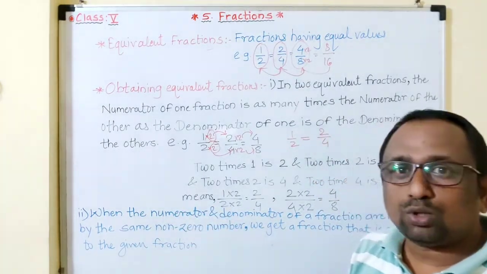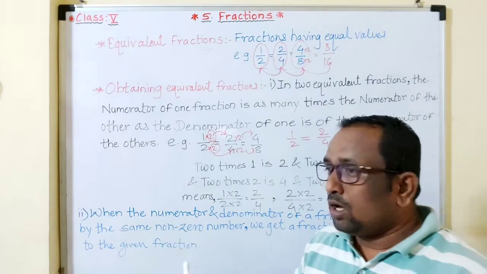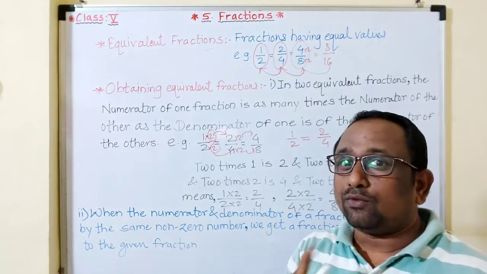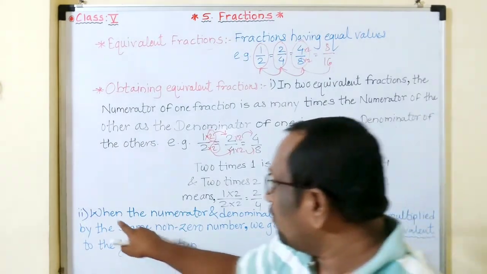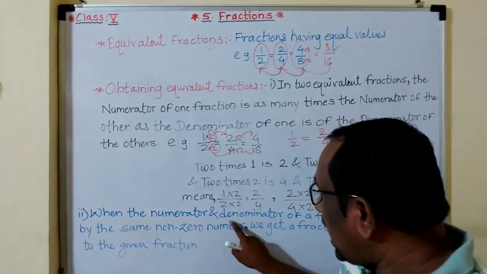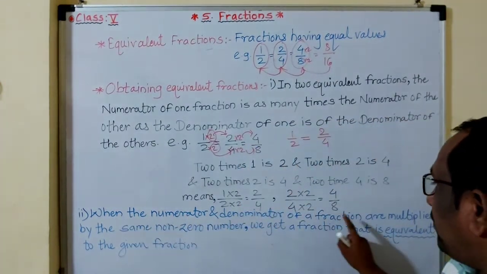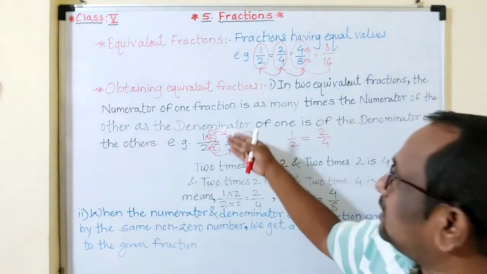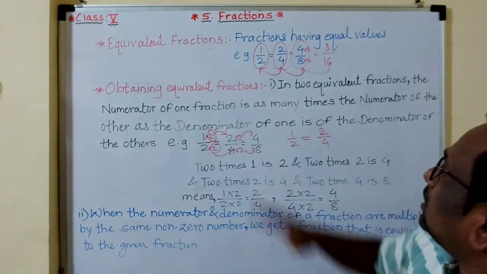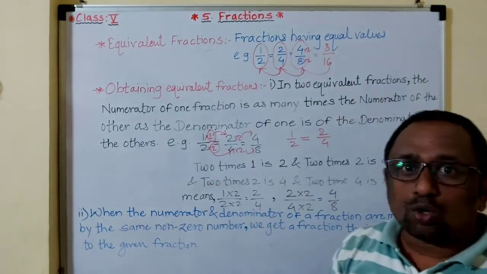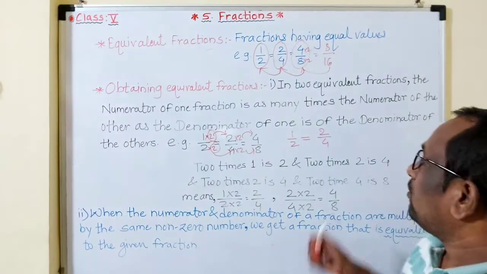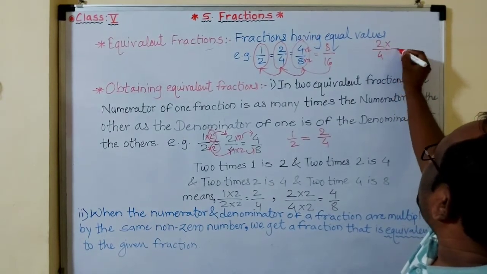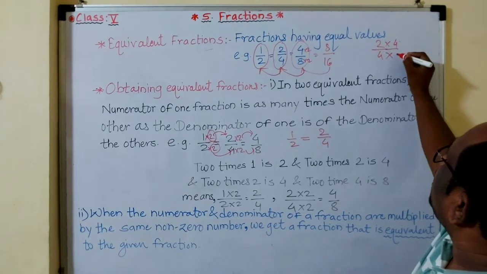Let's see the second rule, student, because this rule is giving an idea to solve the first question of the practice set. Okay, now see, when the numerator and denominator of a fraction are multiplied by the same number, just as I told you, here 2, here 3. Student, not like that, you have to multiply by only the same number, 2. For example, 2 upon 4 multiply by 4 also, here 4, here 4 also.